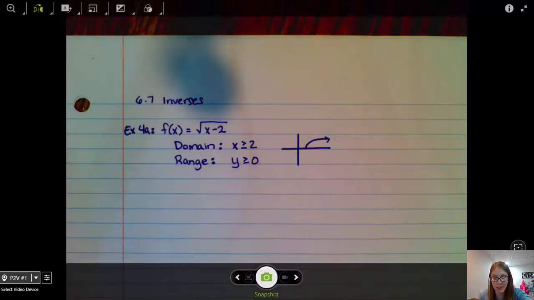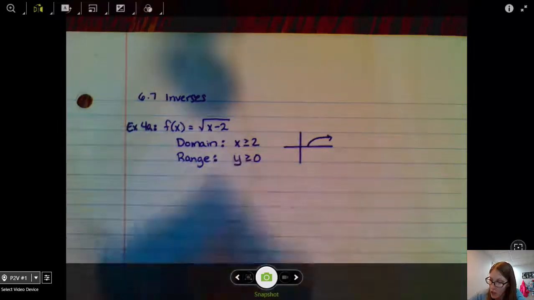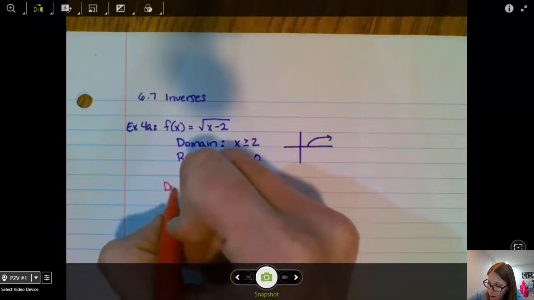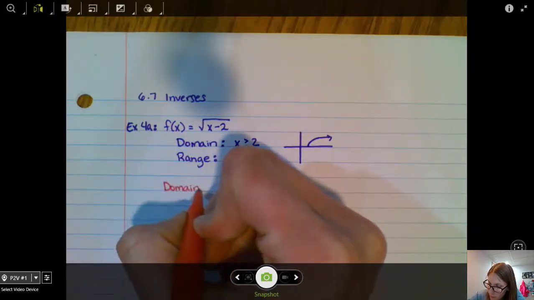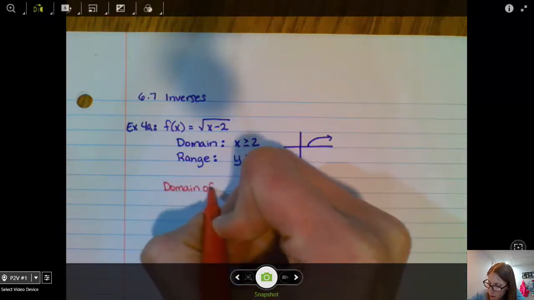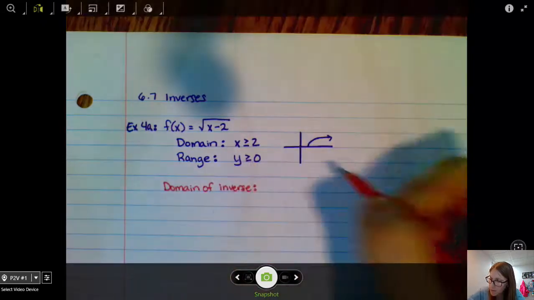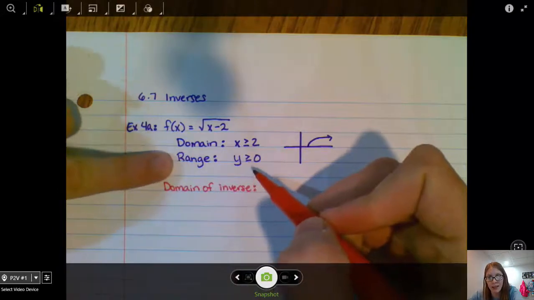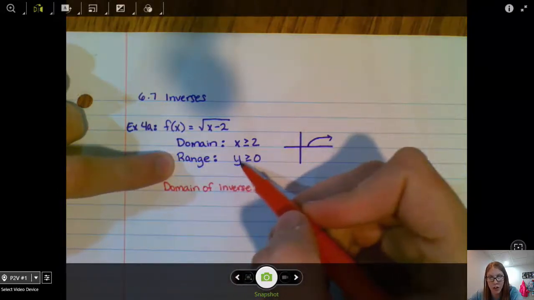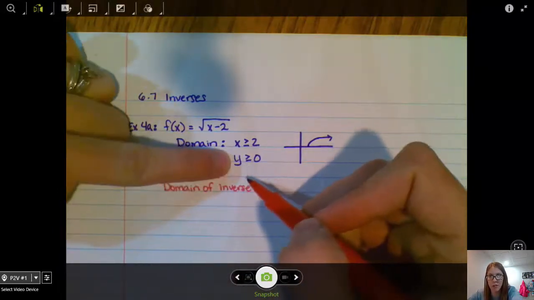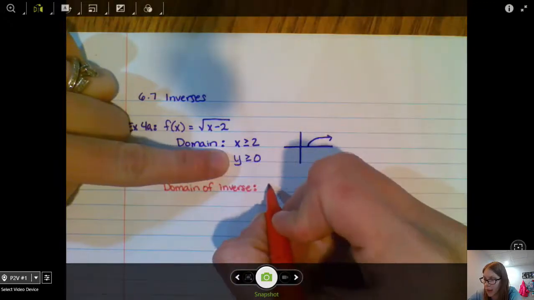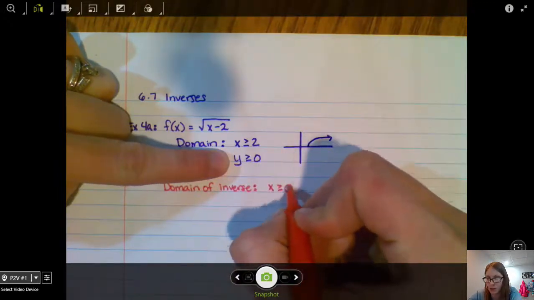But we know already that with inverses, the x and y values switch. My domain and my range are going to switch. So that tells me my domain of the inverse is going to be the same as the range of the original. So the domain of the inverse is going to be x greater than or equal to 0.